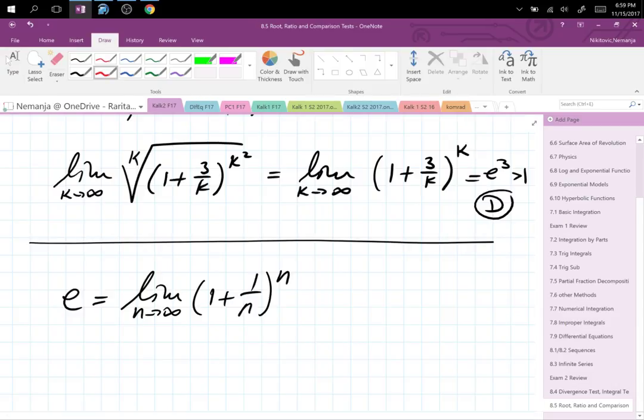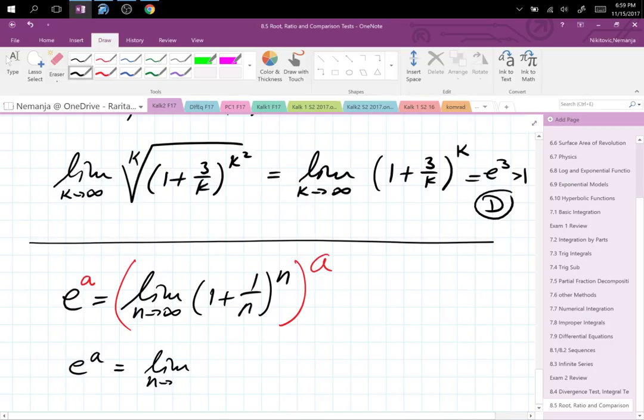Wouldn't it make sense that if you have some exponent a, that a will show up in front of n over there? Because it would technically be this to the a, and then we see that e to the a is the limit as n goes to infinity of 1 plus 1 over n to the an.